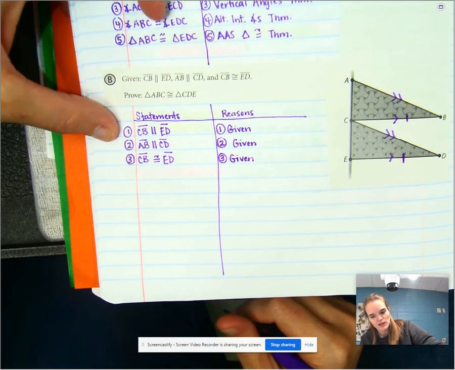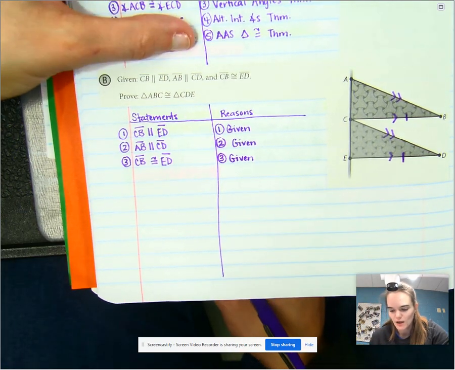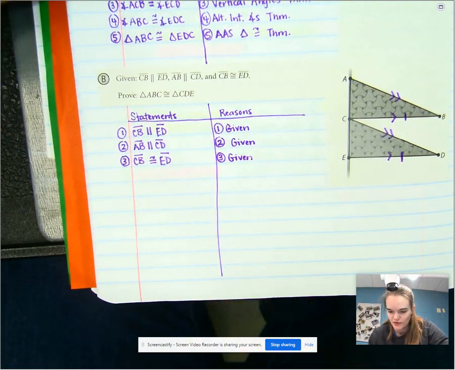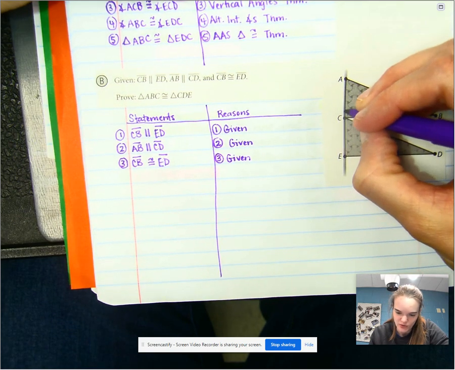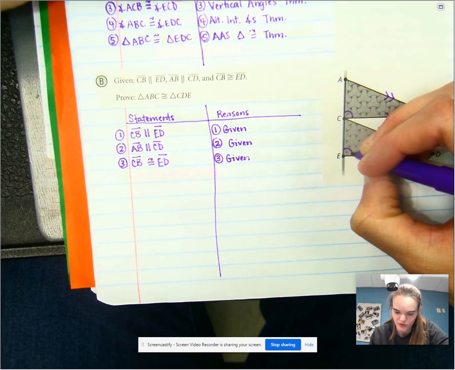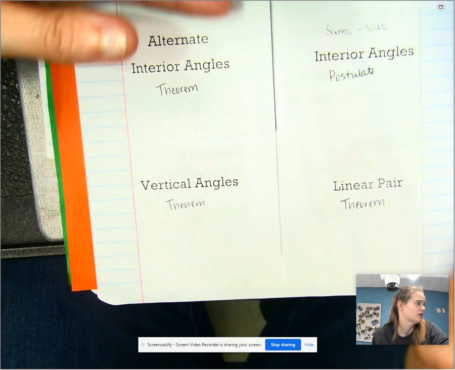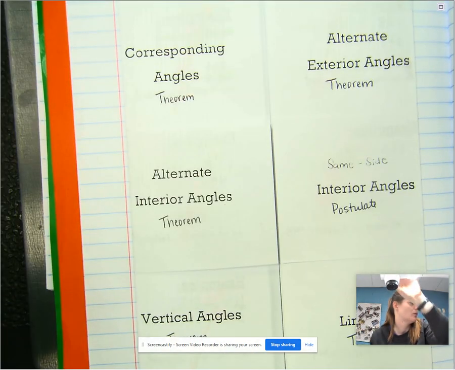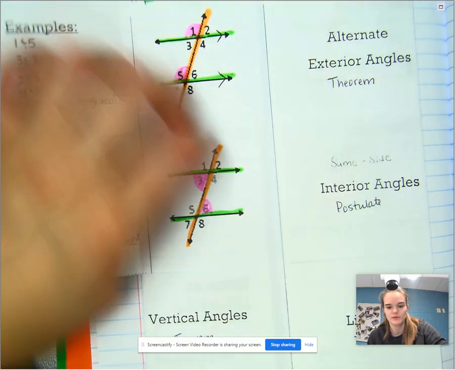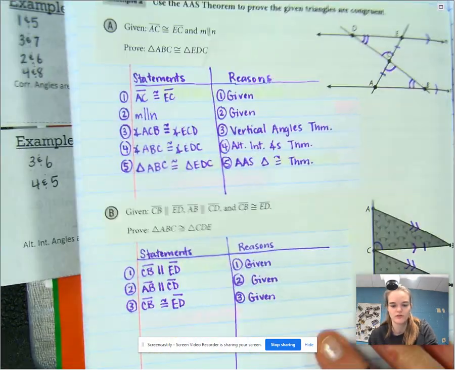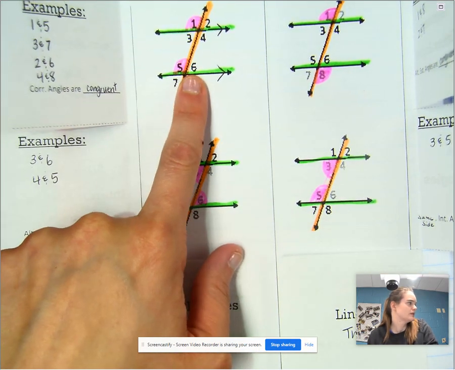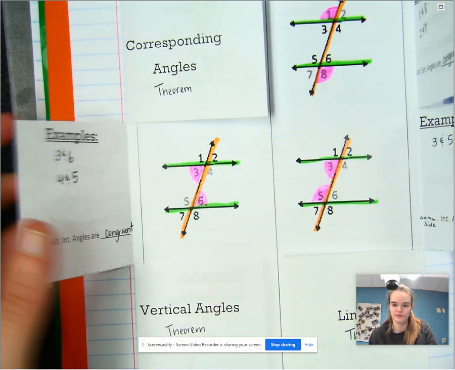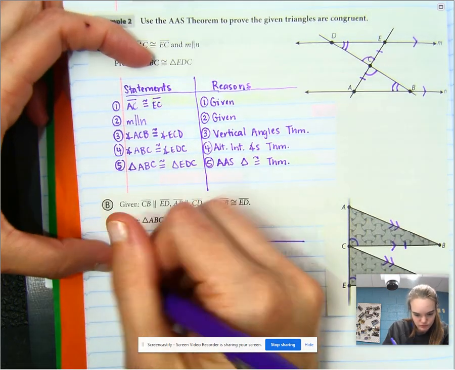Okay, so we're going to need some angles. Since these two are parallel, CB and CD, we actually know that this and this are congruent. We'll have to figure out what type of angles they are. So let's look. It's one of the top four. Let's open them up. Here and here, this one is corresponding angles theorem.